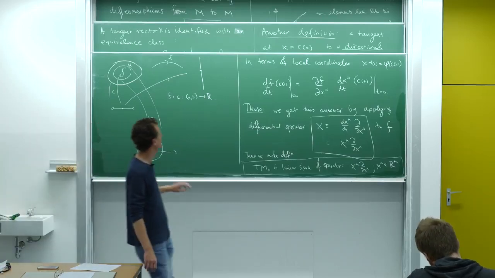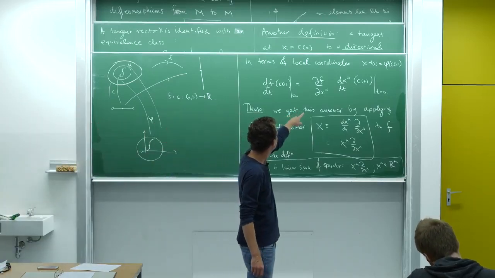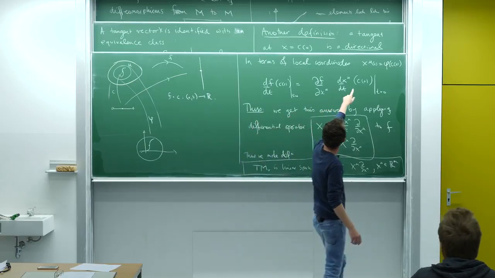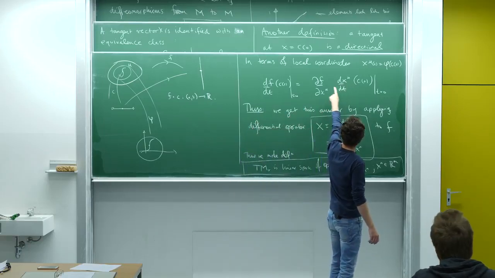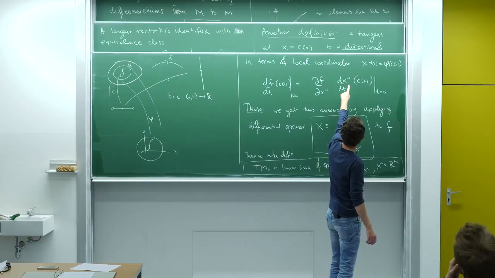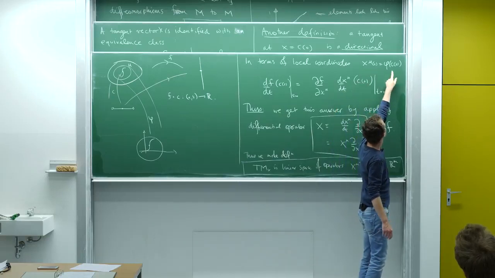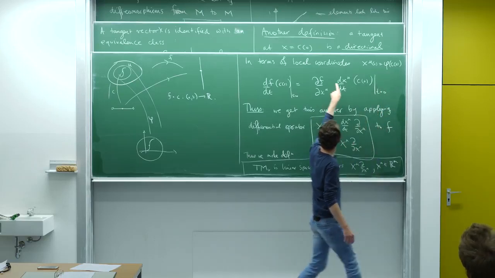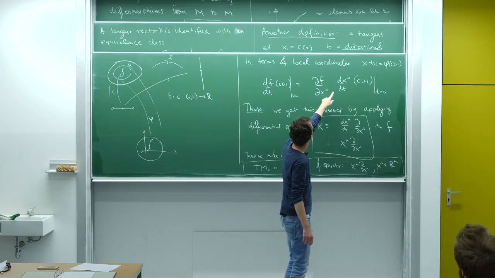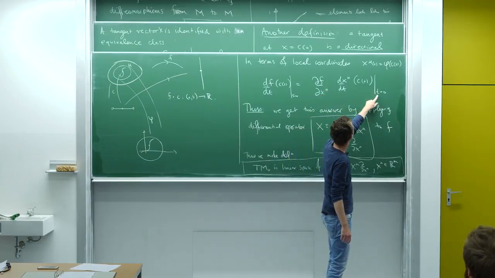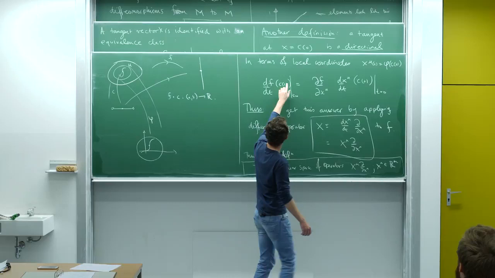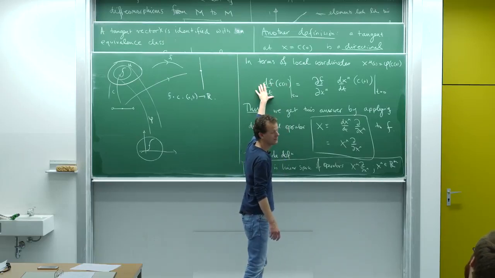Yeah, question? The definition, first formula line, wouldn't it be dx mu by dt of t? Because we define x mu to be a function on AB, I guess. Yes, maybe the notation is not so clear, but before, on the left side of the equal sign, we have this expression where it kind of means f after c derivative.